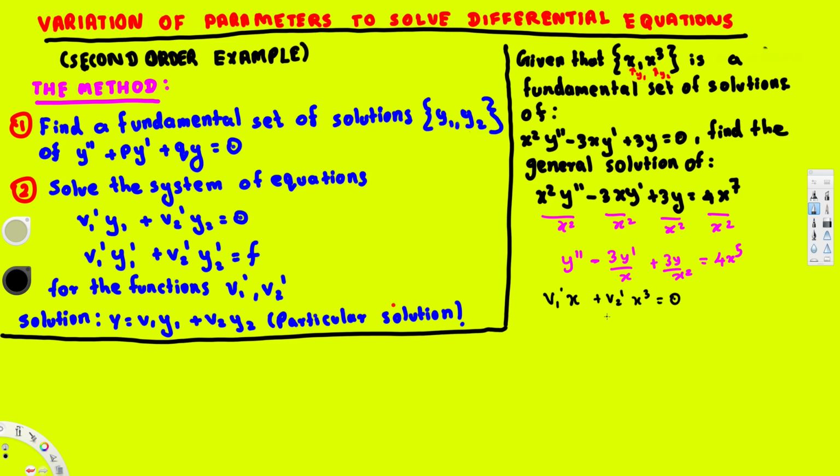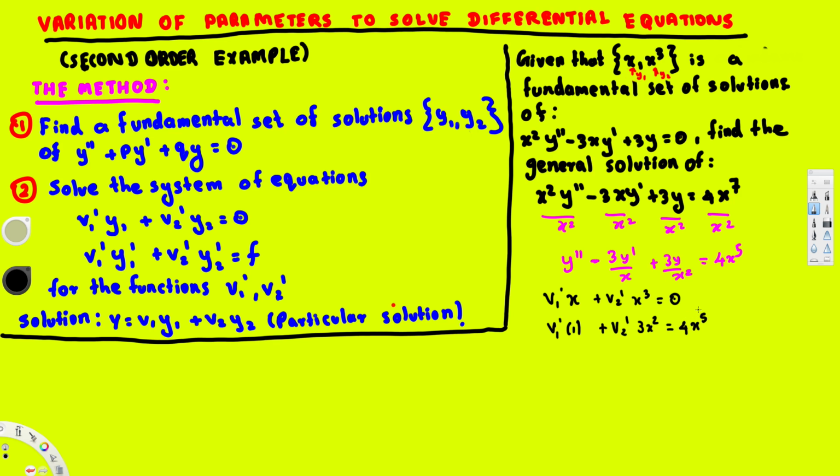After that the second equation is going to be v1 prime times the derivative of y1. If you take the derivative of this x, that's going to give you 1, and then we have v2 prime times the derivative of y2, which is 3x square, and we equate this to the function after the standard equation, that is 4x to the power 5 in our case, so we equate that one right here.